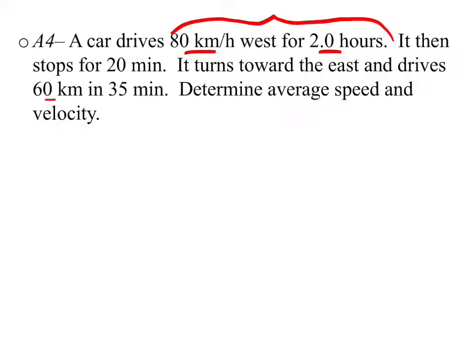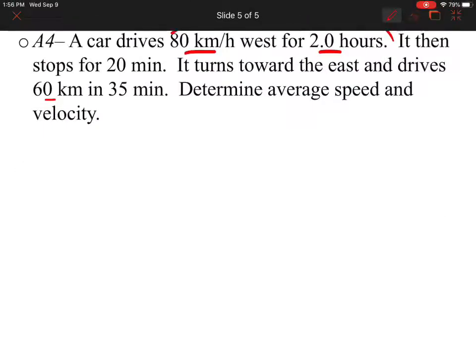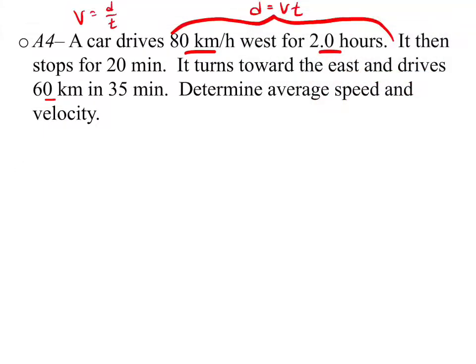It gave us enough information to find the distance, but we need to actually find it. How do we do that? Well, we know velocity is equal to distance over time, so therefore distance is equal to velocity times time, if you just rearrange that. So that's what we're going to start by finding, that distance that it actually goes on the first leg of its journey.